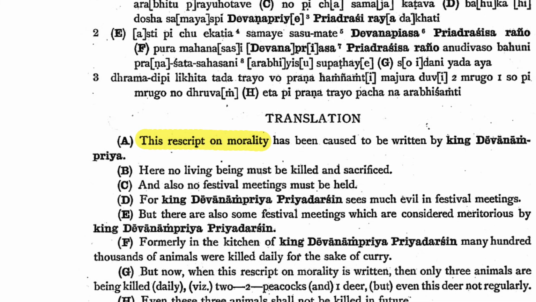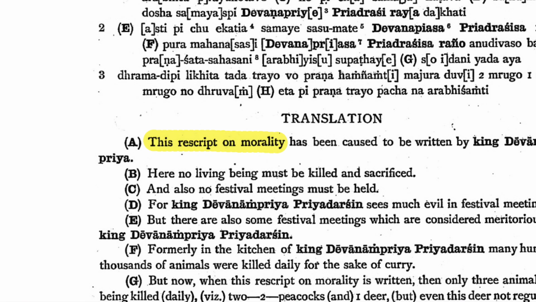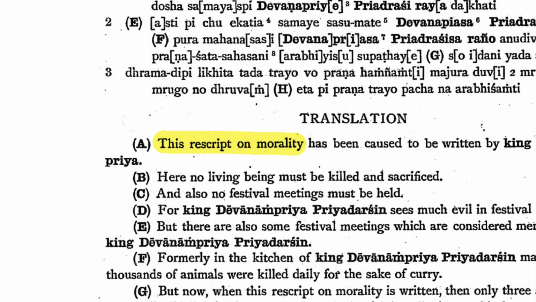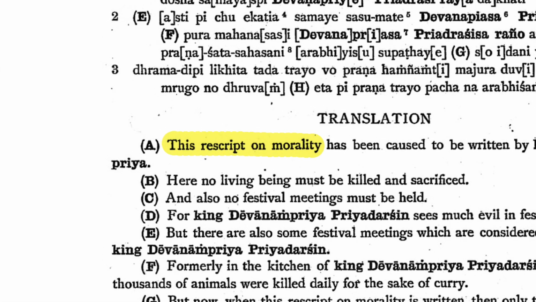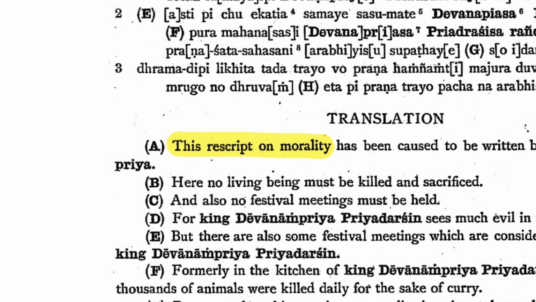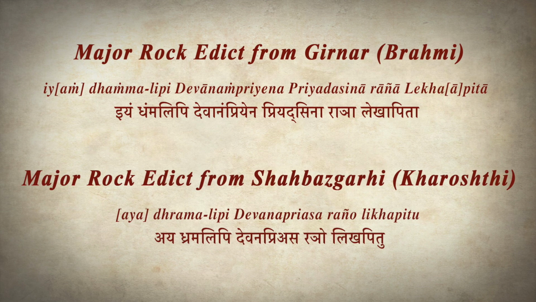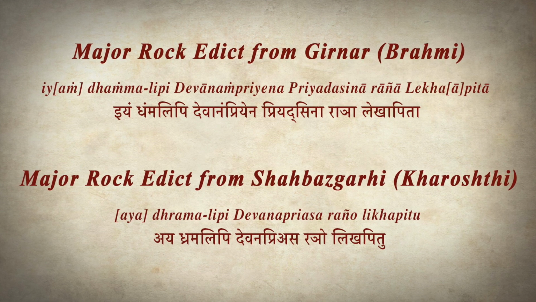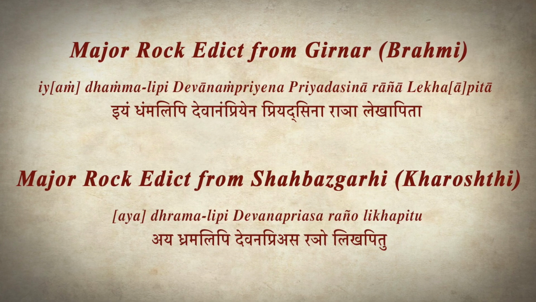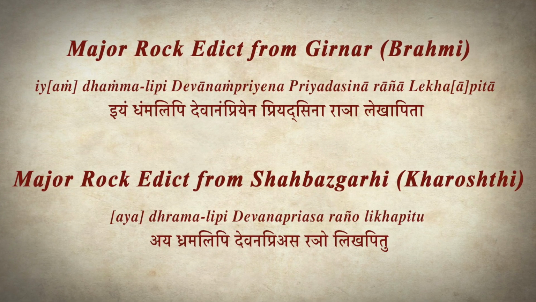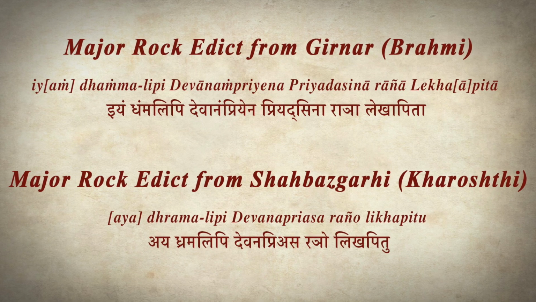Now this interpretation makes much more sense if we look at the way the Dhammalipi term appears in both Brahmi and Kharoshthi inscriptions. For example, the first Ashokan edict from Girnar starts like this: Iyam Dhammalipi Devanam Piyena Piyadasina Ranya Lekhapita. Now compare this to the first edict from Shahbazgarhi, which is written in Kharoshthi, and it goes like this: Aya Dhammalipi Devana Priyasa Ranyo Likhapitu.